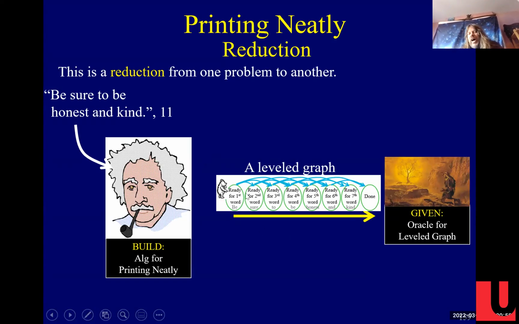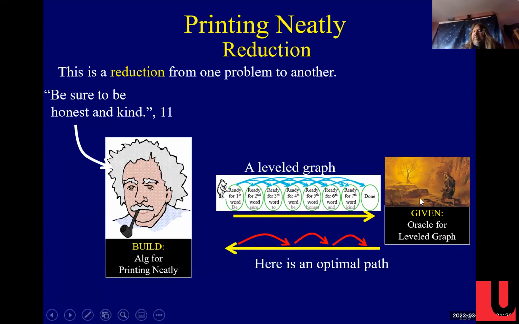Now, how do I find the best way of printing? Well, the best way of printing corresponds to the best path from S to T through this graph. And we don't have to worry about how to find this path. That's not our job. That's the job of our oracle.